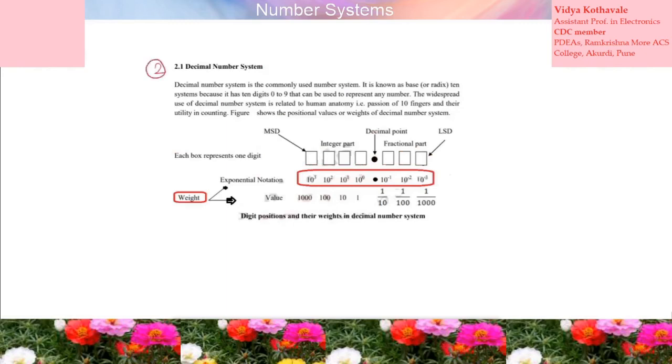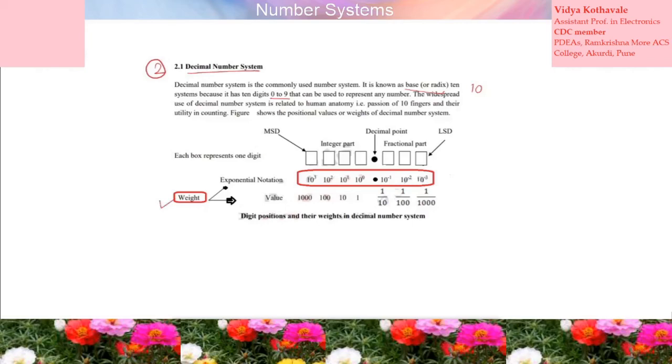Second, the decimal number system. As we know, the base or radix of the decimal number system is 10, as the symbols from 0 to 9 are used to represent any number in the decimal number system. Let's give emphasis to the weights in the decimal number system.